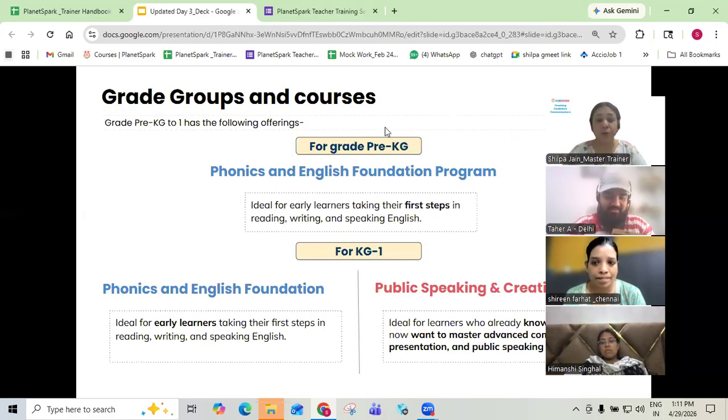Now we come to the courses that we offer to our junior grades. If the learner is in pre-KG, we have one course to offer them. That is Phonics and English Foundation Program. But if the learner is in KG or grade 1, we have 2 courses to offer them. First remains the same, that is Phonics and English Foundation.